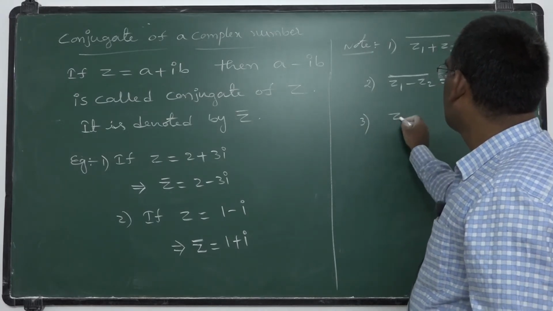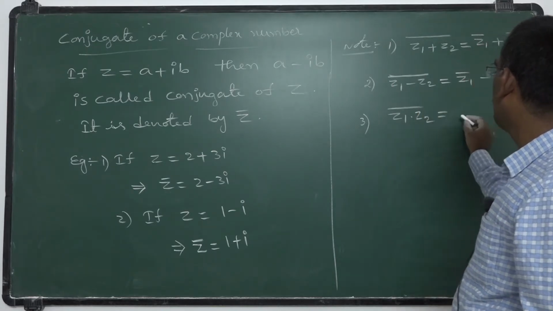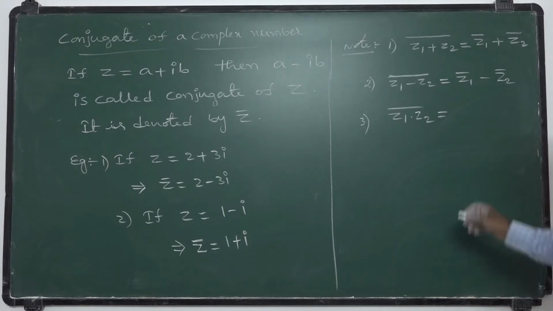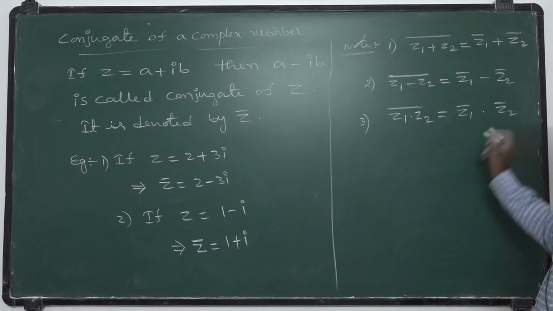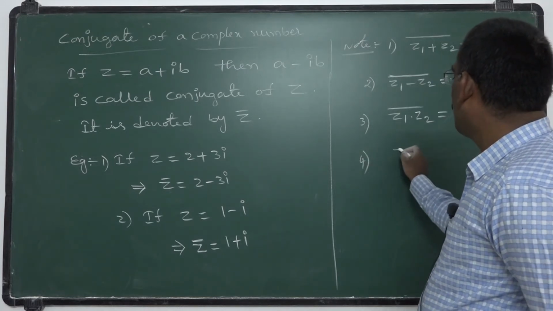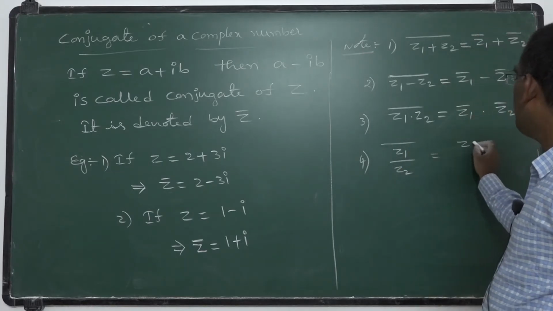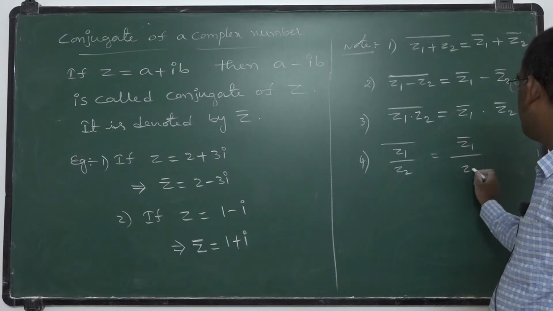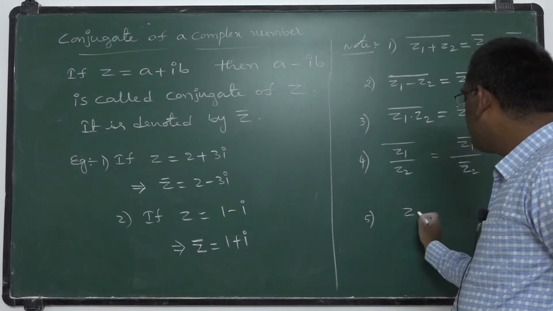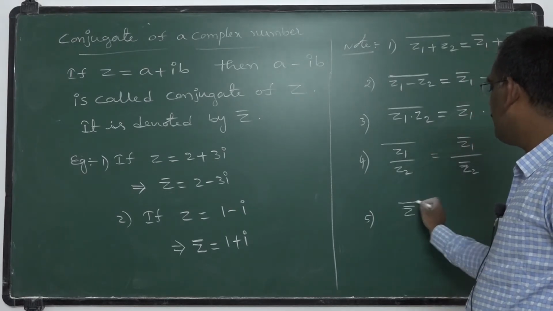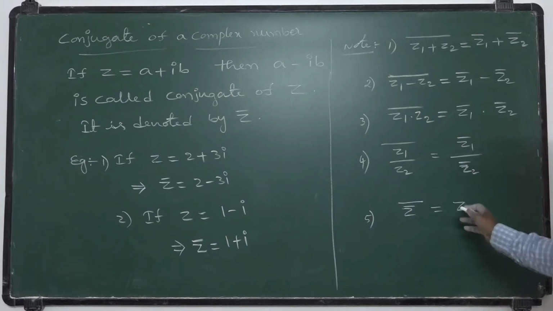Third one, conjugate of z1 into z2 is equal to conjugate of z1 into conjugate of z2. Similarly, conjugate of z1 by z2 is equal to conjugate of z1 by conjugate of z2. The conjugate of the conjugate of z will be equal to z, where z is any complex number.